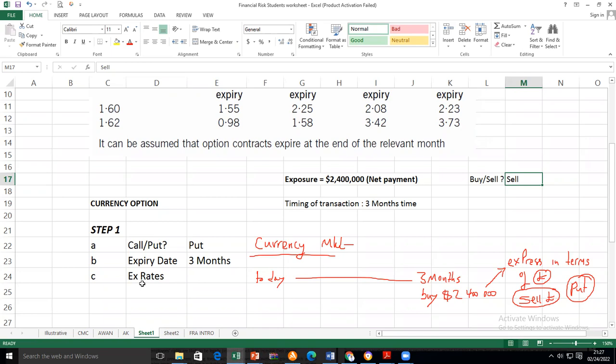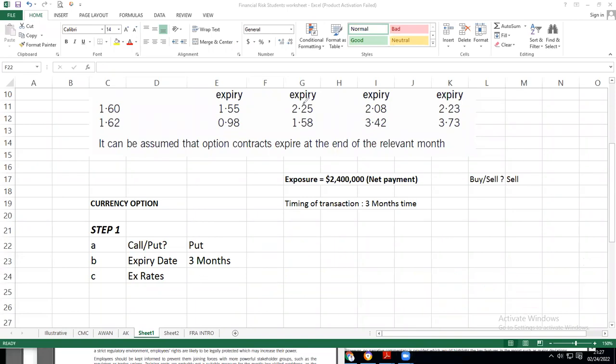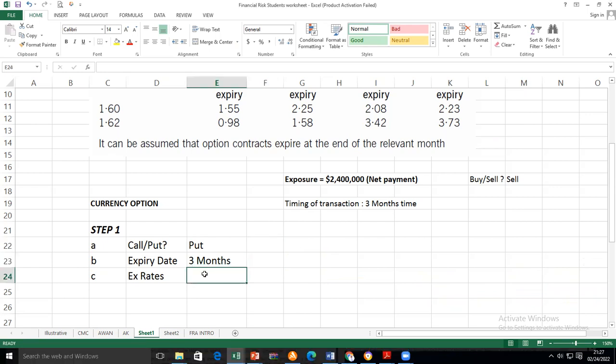Exercise rates. There are two rates that are available here. What are these two rates that are available here? There's 1.6 and 1.62.